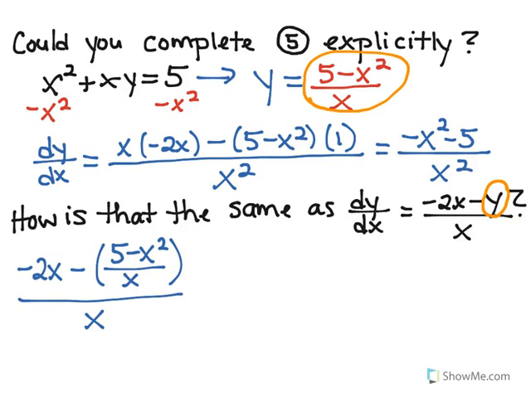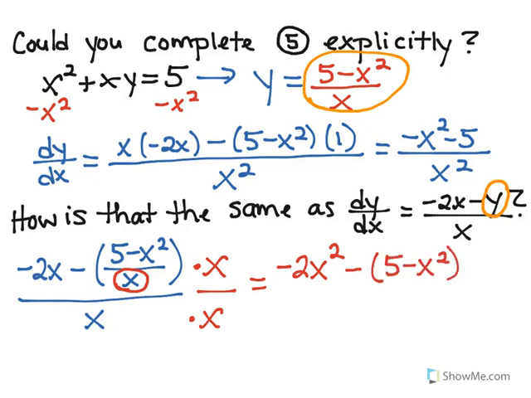The question is, can I make that look like the answer that we just got, negative x squared minus 5 over x squared? The best way to get rid of a fraction in a fraction is to multiply by the denominator in the numerator. So I'm going to multiply by x on the top and x on the bottom to get negative 2x squared minus, the two x's here are going to eliminate, parentheses 5 minus x squared, and now it'll all be over x squared.